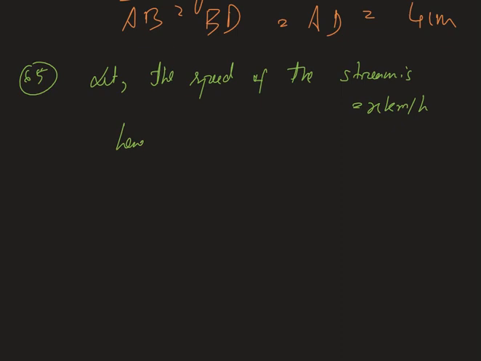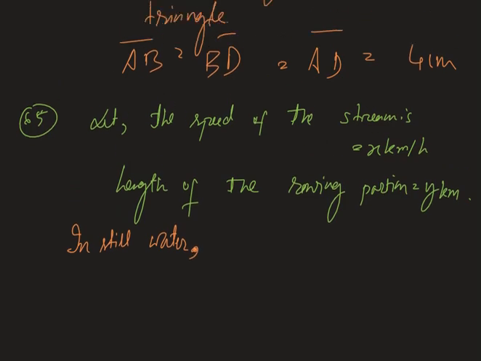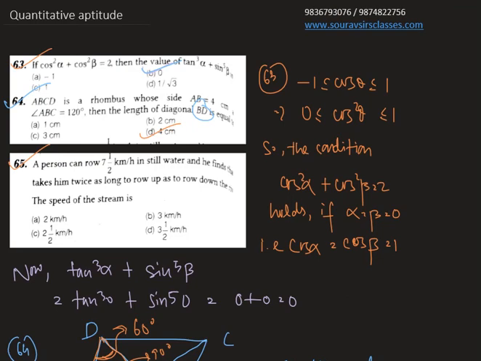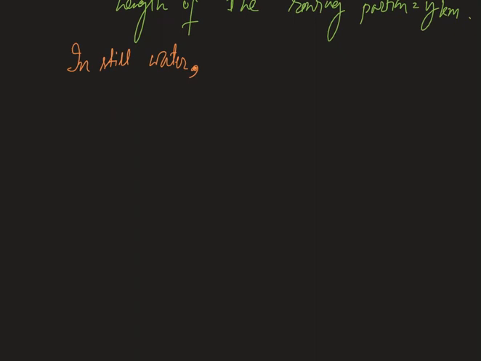and length of the rowing portion is suppose y kilometer. Now in still water a person can row at the speed of 7.5 km per hour.